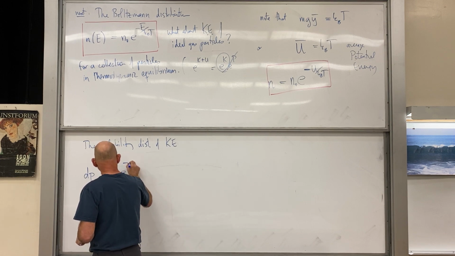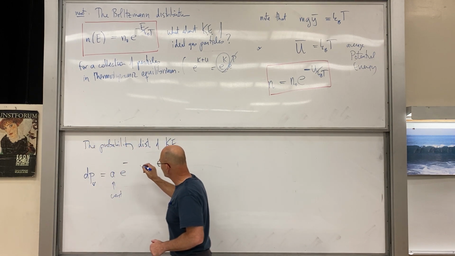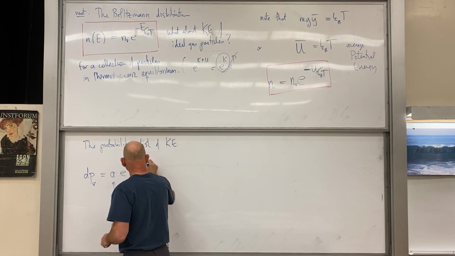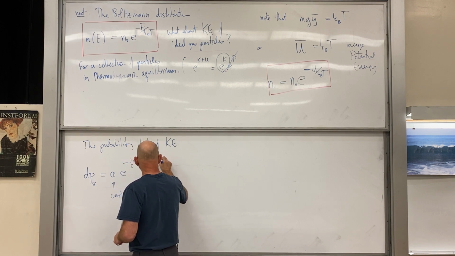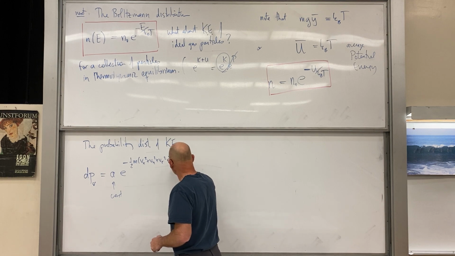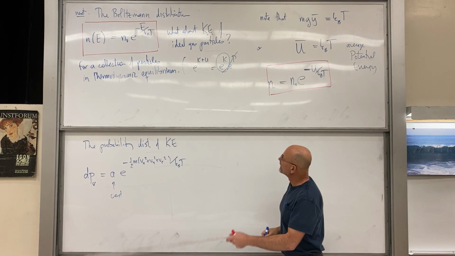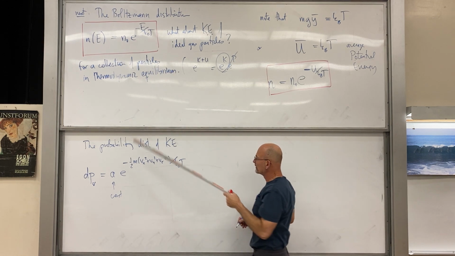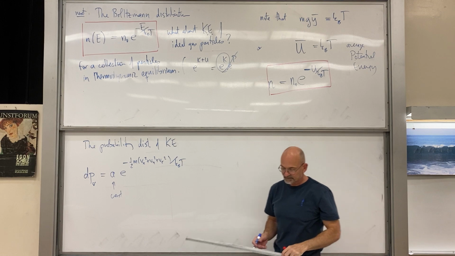Since we're talking about kinetic energy, we'd have e to the minus 1/2 m (Vx squared plus Vy squared plus Vz squared), divided by k Boltzmann temperature. That's the same thing that I have up here. e to the minus energy, this time it's kinetic energy.